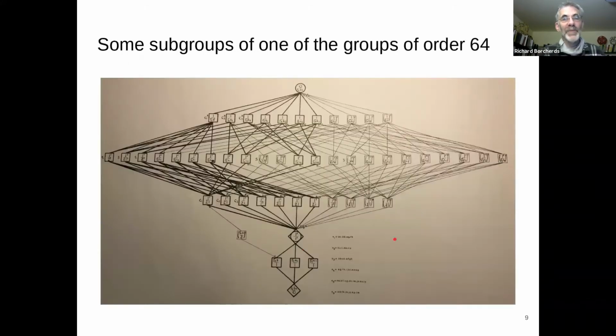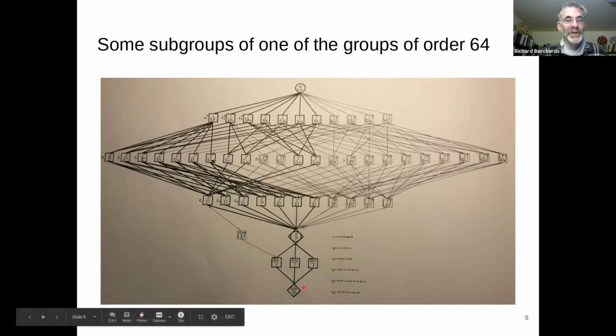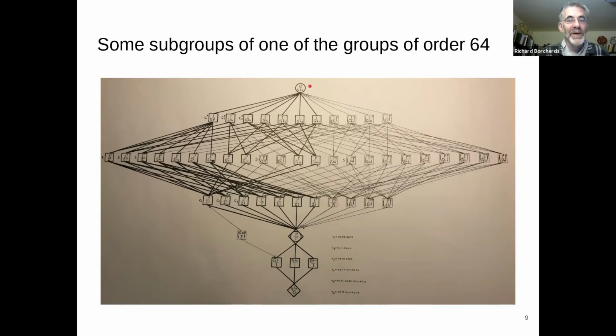So, for example, if we look at one of the groups of order 64, we can ask what its subgroups look like. And here is a picture of its subgroups. The subgroups of this particular group of order 64 are all of order 1, 2, 4, 8, 16, 32, or 64. So here we have the group of order 64.